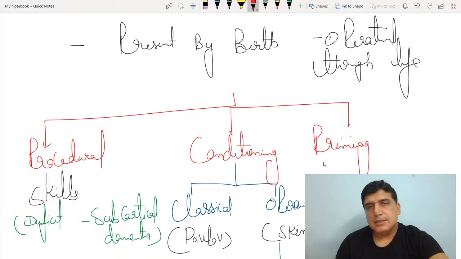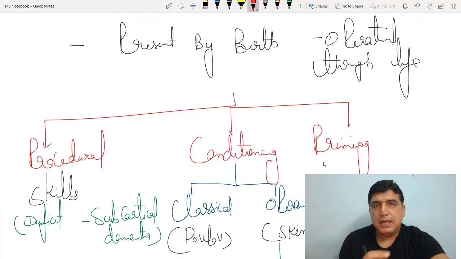A student doesn't remember, so the professor has given hint that what you eat in McDonald's, and in McDonald's you eat what? Burger. So this one, the burger stimulus is helping in giving response about who has given the concept of EEG, Hans Berger. So this is a priming.